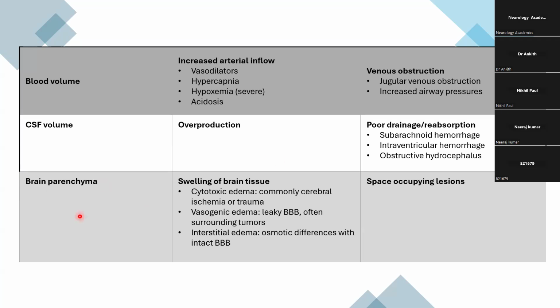And in brain parenchyma, that's the one we are most worried about. It's either due to a space occupying lesion like a tumor, or it can be due to the brain swelling, which is called brain edema, which can be of three types: cytotoxic, vasogenic, or interstitial, which we will see in the subsequent slides.